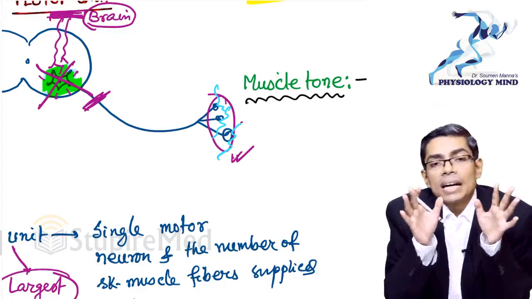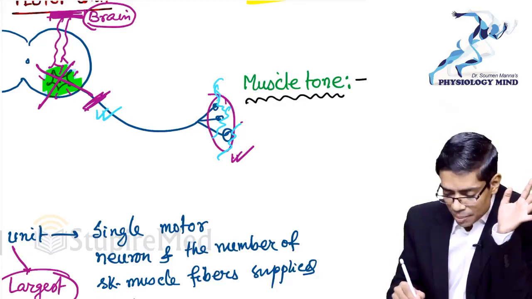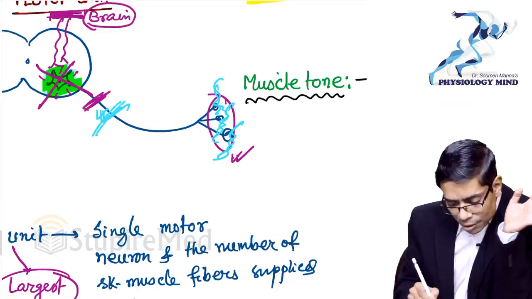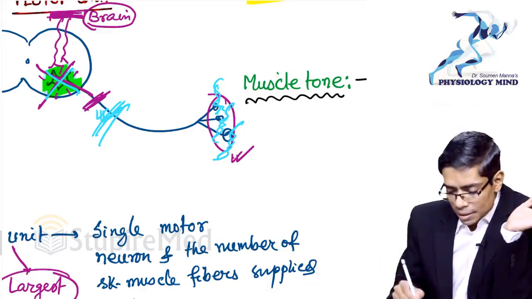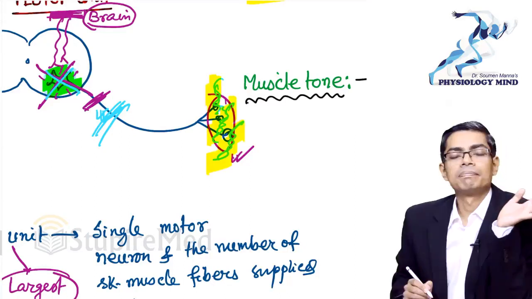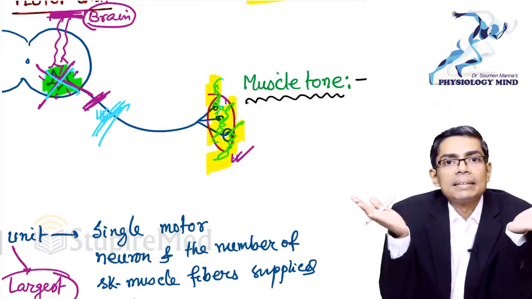Separated out means they are not under the control of this neuron now. Previously the three muscle fibers were under the control of this neuron. Now the neuron cell body is completely dead. These three muscle fibers now will behave as single fibers. Unity is not there.